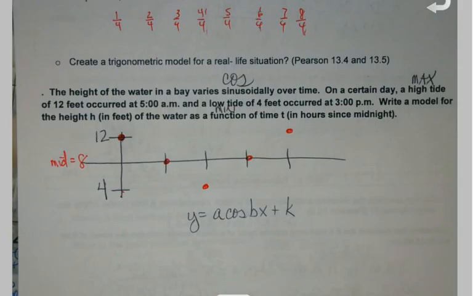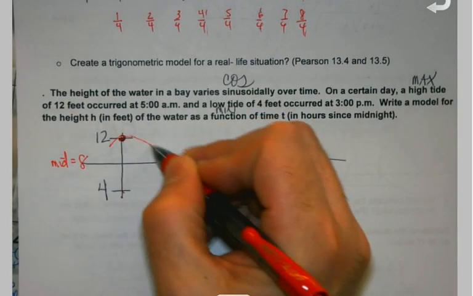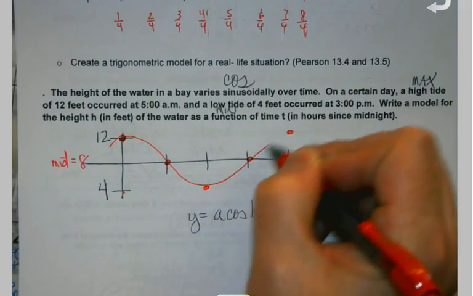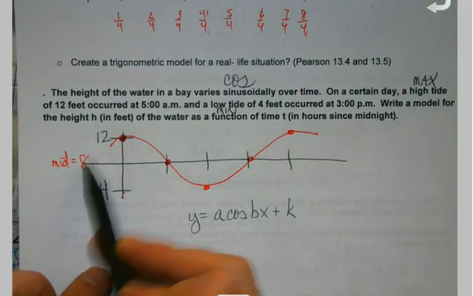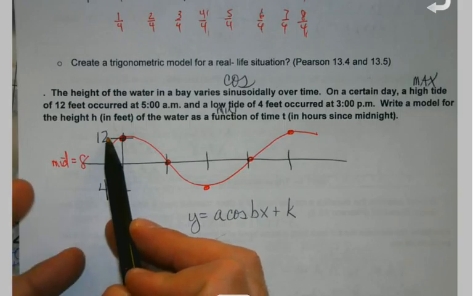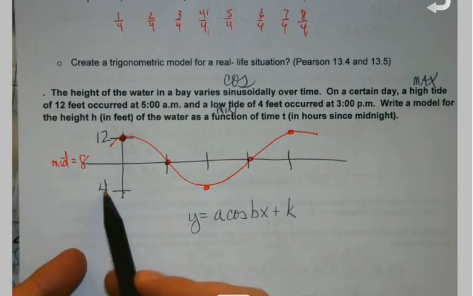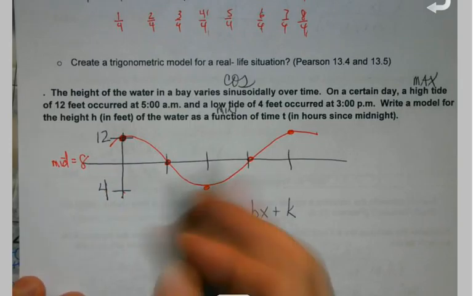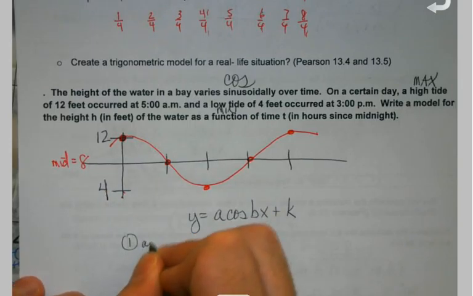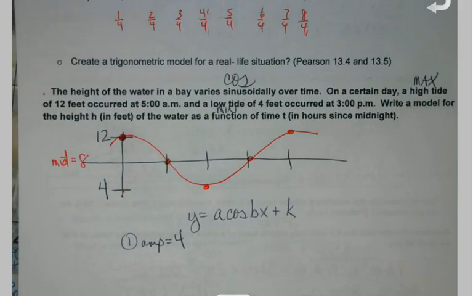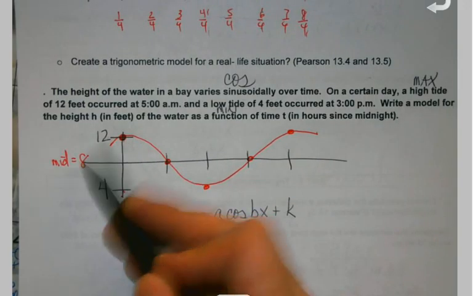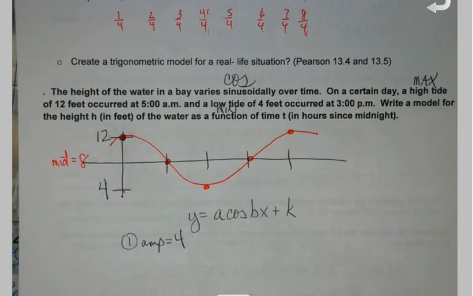Okay, so if my curve looks like this, how far is it from my midline to my max? 4. How far is it from my midline to my min? 4. What's my amplitude? 4. Okay. So once I know what value's in the middle of my min and max, I write that down, and the distance between the two is going to be my amplitude. So I have that part ready.